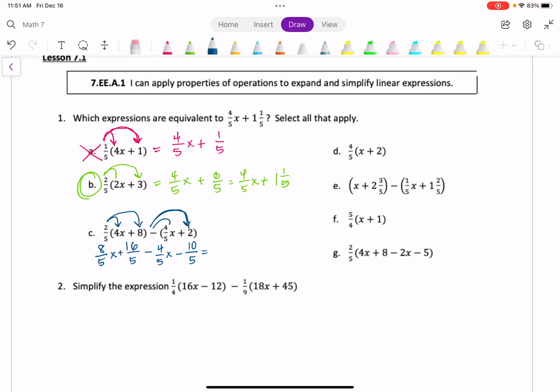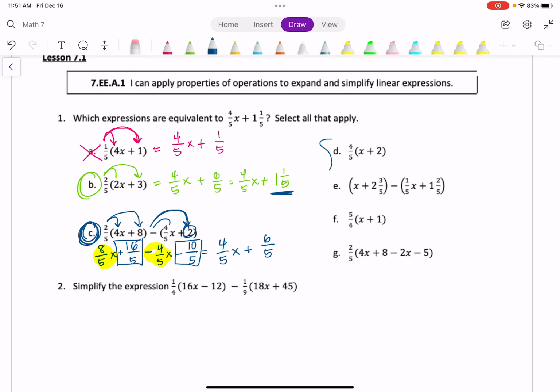I'm subtracting this 2. So now I can combine my like terms. 8/5 x minus 4/5 x is 4/5 x. 16/5 minus 10/5 is 6/5 again. And as we just went over, 6/5 is the same as 1 1/5. So I'm going to circle C.